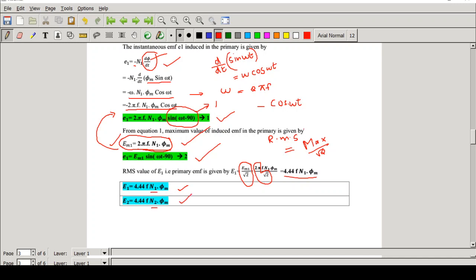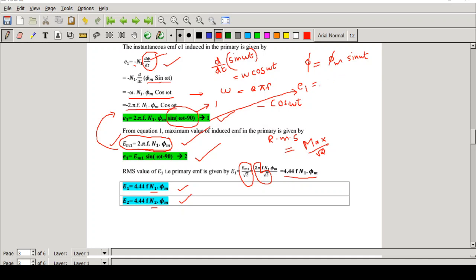Okay. Now another very important thing: you wrote the equation of the flux as phi is equal to phi m sine omega t, right? This is how you wrote the expression for the flux. Now what about the expression of the EMF? The expression of the EMF E1 is given by 2 pi f into N1 into phi m into sine omega t minus 90, right?